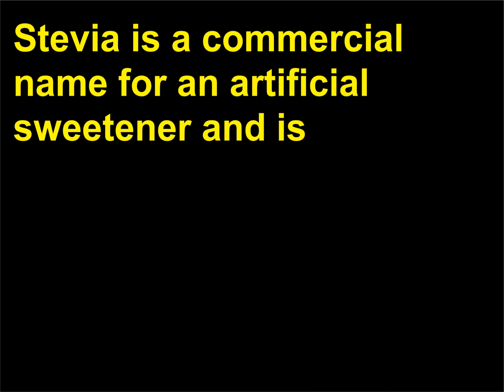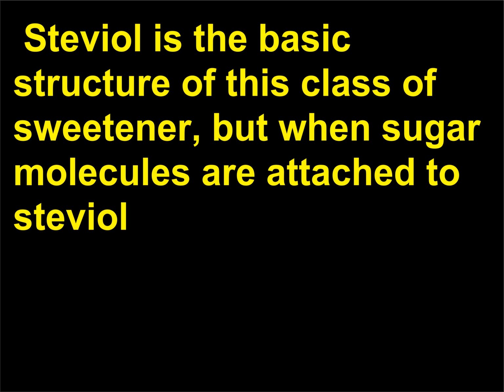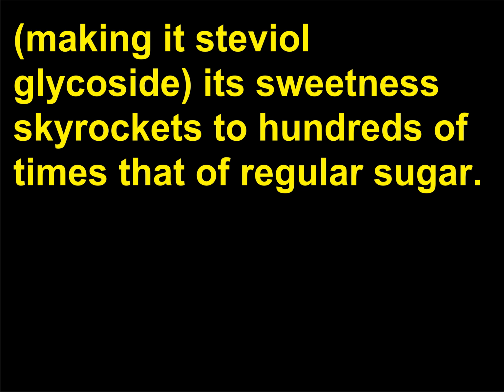What is stevia? Stevia is a commercial name for an artificial sweetener and is also the common name for the plant that it is extracted from. Steviol is the basic structure of this class of sweetener, but when sugar molecules are attached to steviol, making it steviol glycoside, its sweetness skyrockets to hundreds of times that of regular sugar.